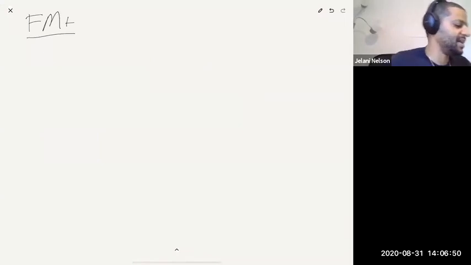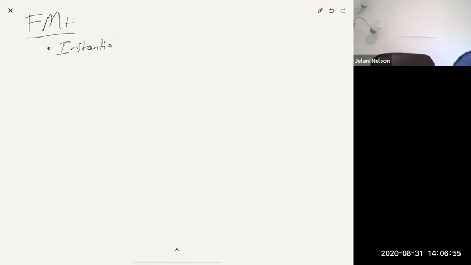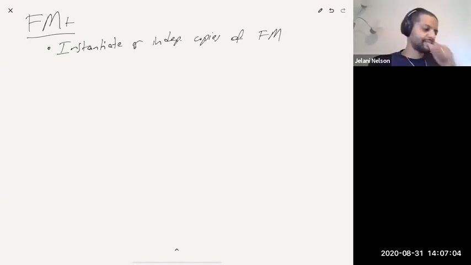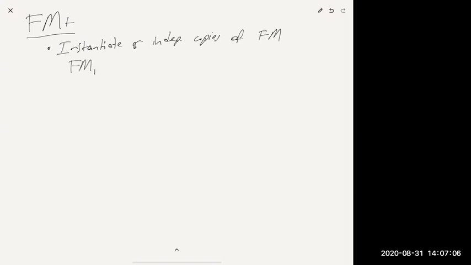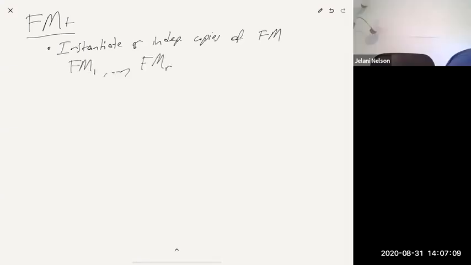So we're going to do something similar to what we did last time. We're going to plus the algorithm. What does that mean? We're going to instantiate R independent copies of the FM algorithm. Let's call them FM1 up to FMR. And then to answer a query, we're going to say, let xi be the output of FMi.